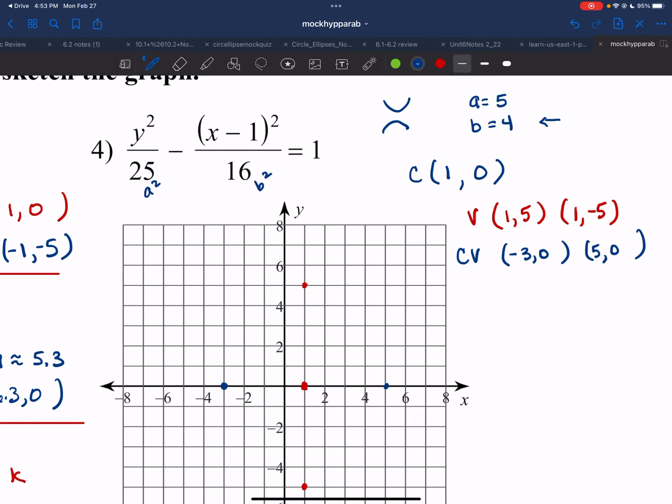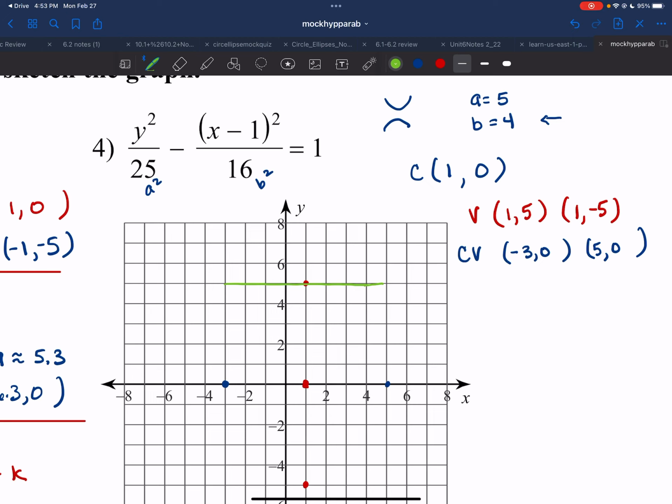All right. And then now, of course, we build our rectangle. Oops. So I go to 5. I'm going to go down to this one, down to here, then over across.